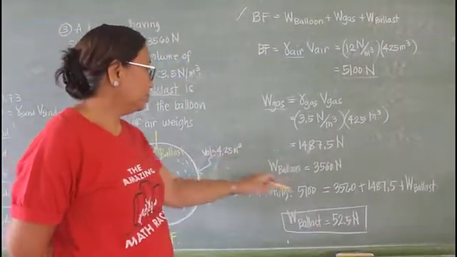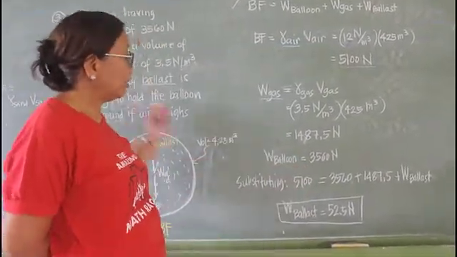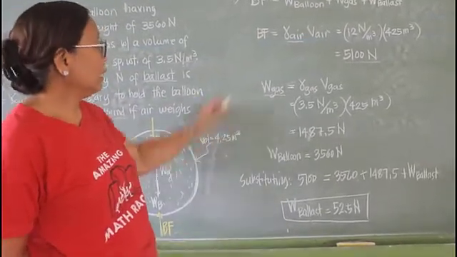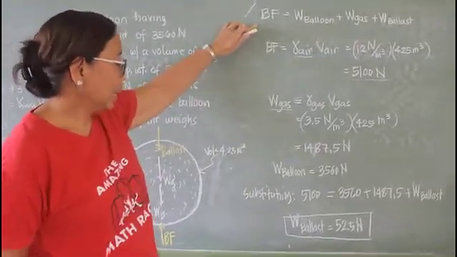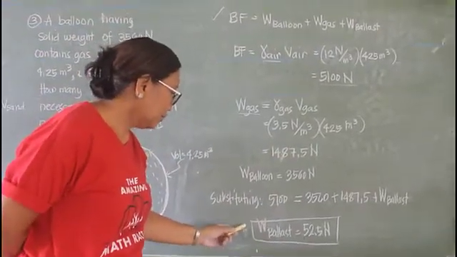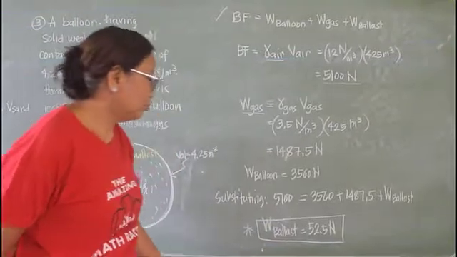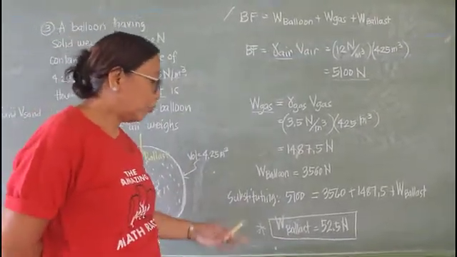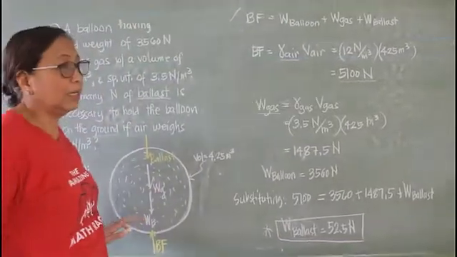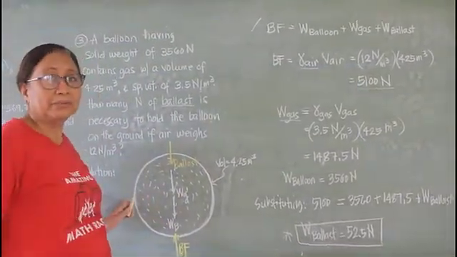The weight of the balloon itself is 3,560 newtons given on the problem. Okay? So, i-substitute natin lahat. Okay? Ang wala na lang tayo is the weight of the ballast. So, ito ang kailangan pa. Okay? We need 52.5 newtons of weight of the ballast para itong balloon na ito ay magstay on the ground. Okay?